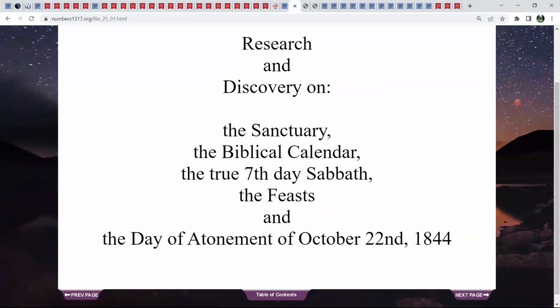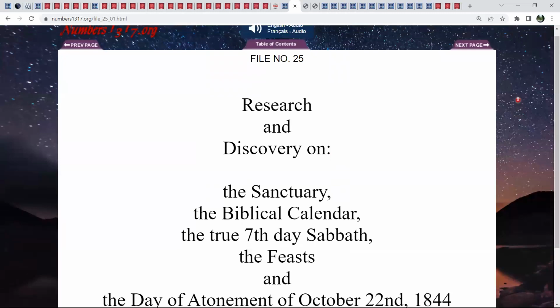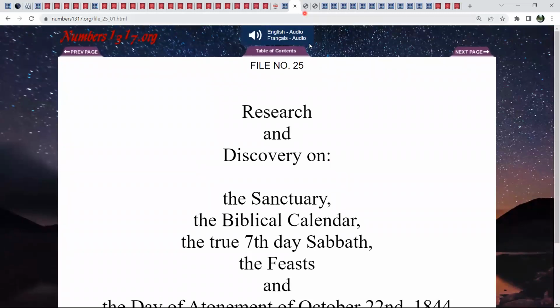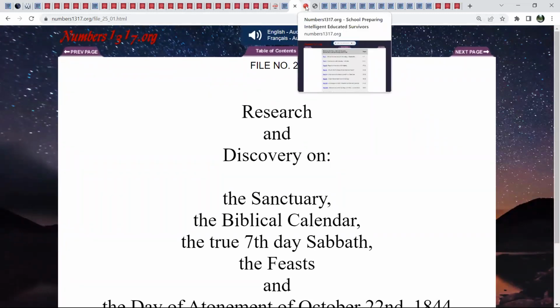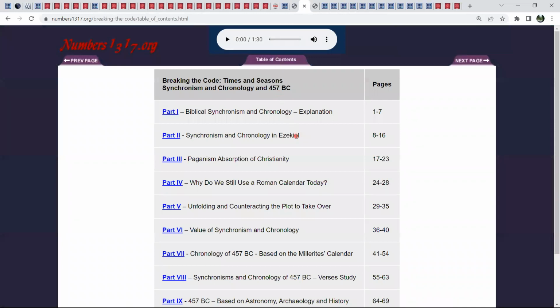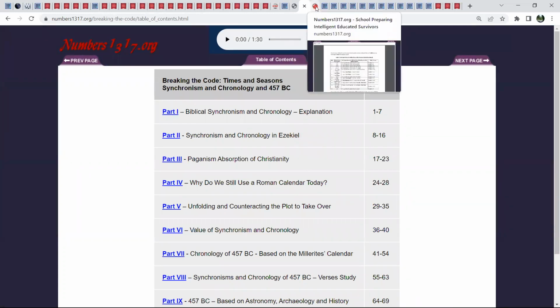You need to study this specifically at the very end of the file, and you will find here what we call synchronism and chronology, and we attract your attention specifically to the chronology of Ezekiel. You can also study, of course, the explanation and all the other study we present under this particular file.